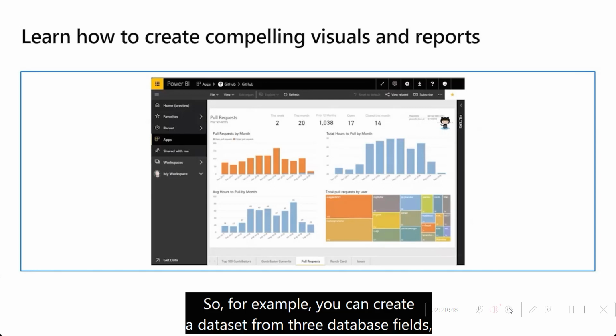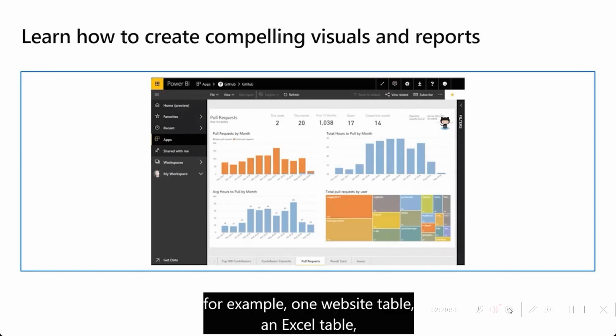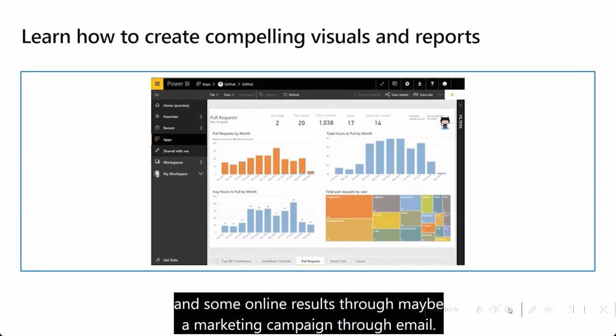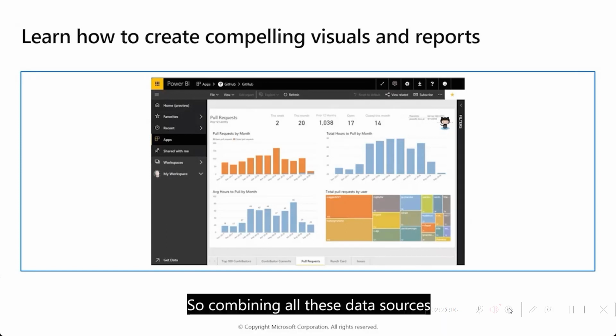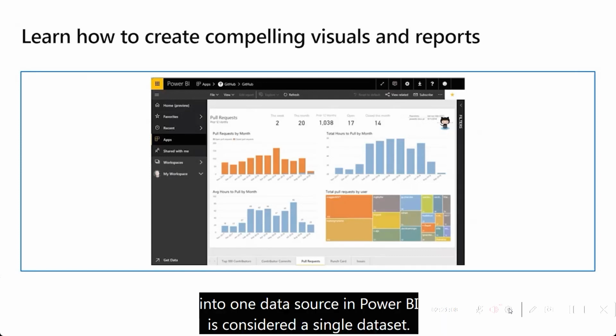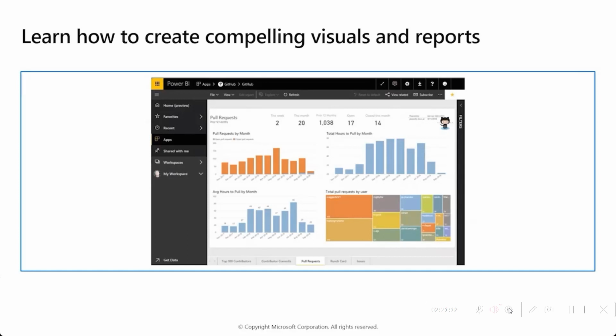For example, you can create a data set from three sources, say one website table, an Excel table, and some online results from maybe a marketing campaign through email. Combining all these data sources into one data source in Power BI is considered a single data set.